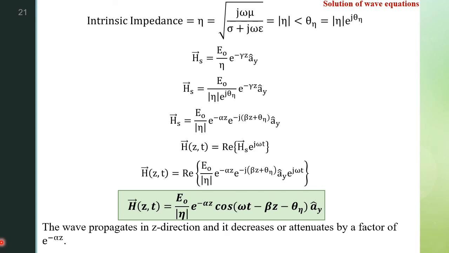Also, we can observe that the wave propagates in the z direction and attenuates by a factor of e raised to minus alpha z. This is the observation from this expression for magnetic field intensity.